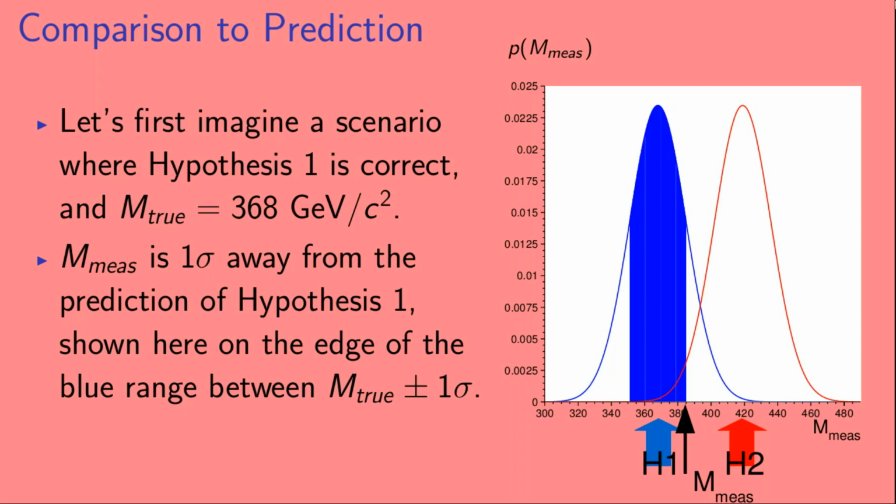Let's first imagine a scenario where hypothesis 1 is correct and m true is equal to 368 GeV/c². M measured is 1 sigma away from the prediction of hypothesis 1, shown here on the edge of the blue range between m true minus 1 sigma and m true plus 1 sigma.